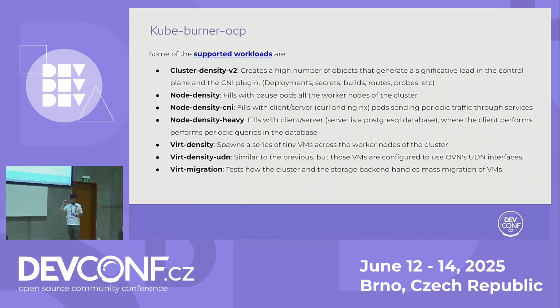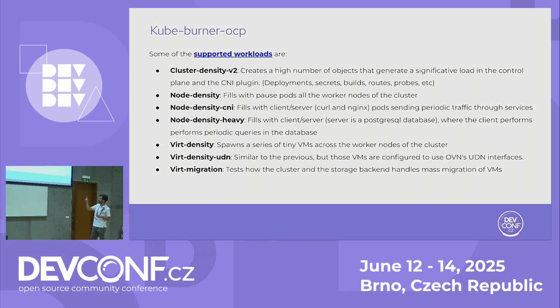Regarding canned workloads and extensions, I mentioned before kube-burner-ocp, which is an extension of kube-burner that basically leverages some of the exported methods in the kube-burner SDK to be able to execute canned workloads and workloads with more specific requirements, like those that require some components from OpenShift.